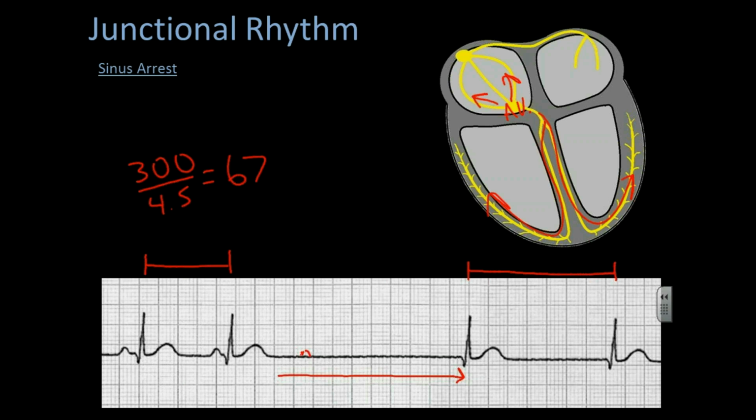It's about 7.5 boxes, I think. So 300 divided by 7.5 equals about 40 beats per minute. So pretty slow, but it will keep you alive, and that's its whole purpose.